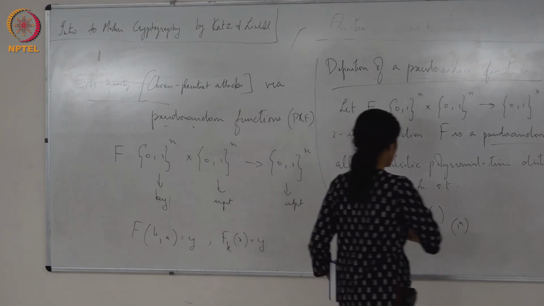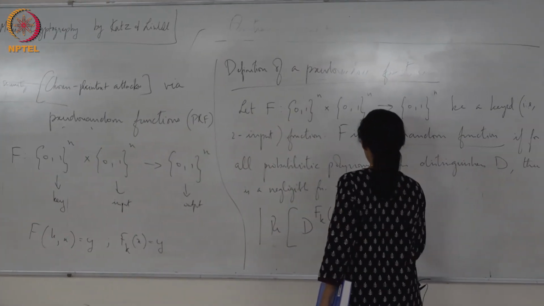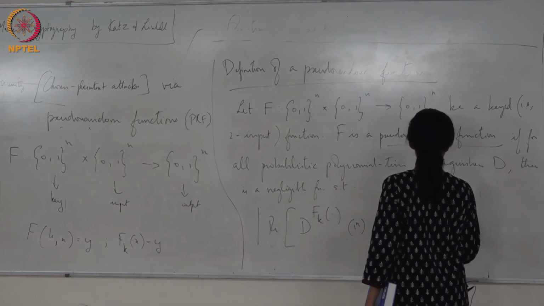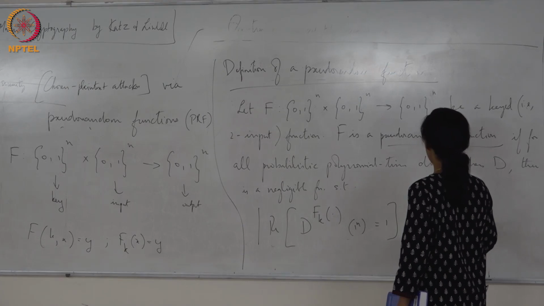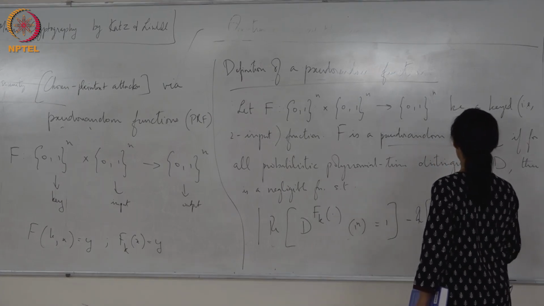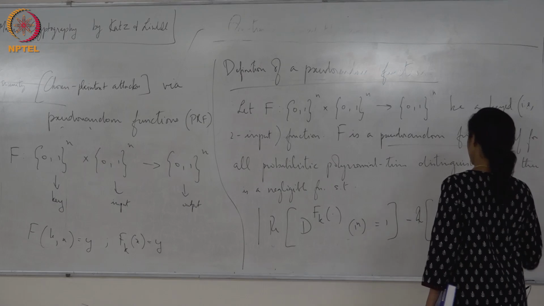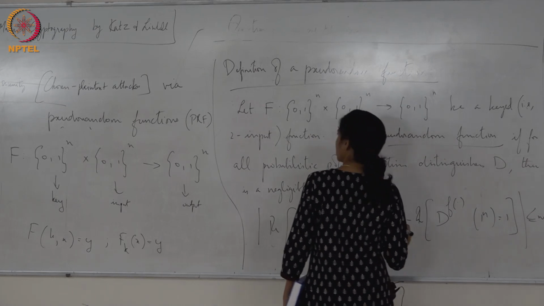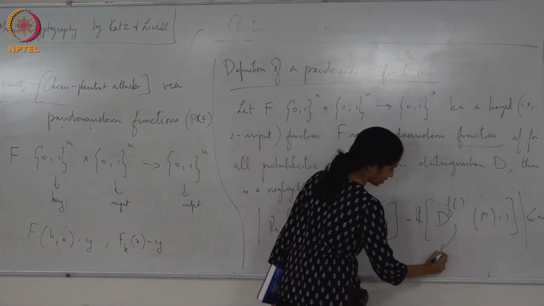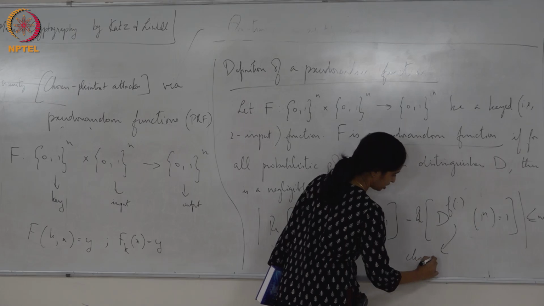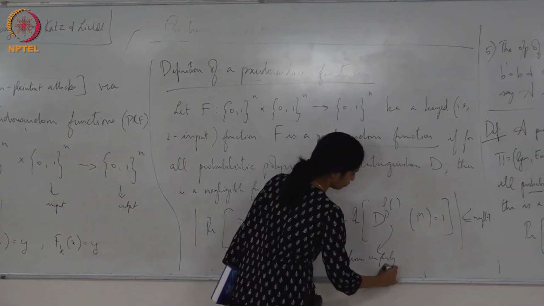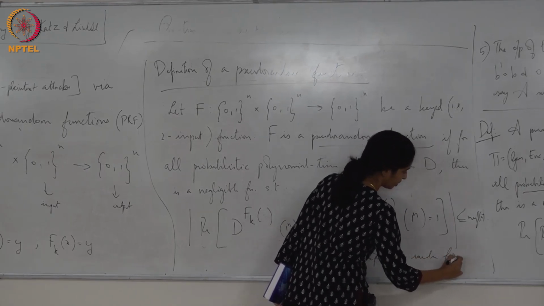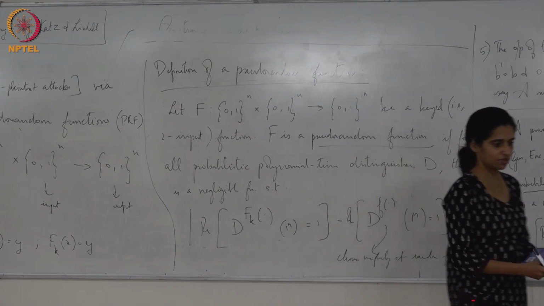So this D that has oracle access to Fk will output 1 with almost the same probability as when it has oracle access to a random function f, right. So this f is chosen uniformly at random from all functions from n bits to n bits.